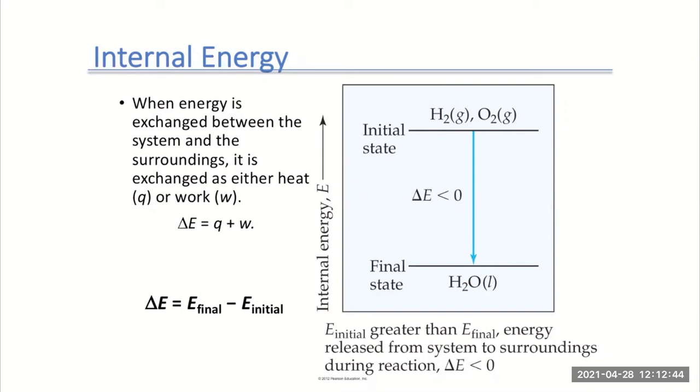So that means the energy of my system, the energy of these molecules, went from a higher energy state to a lower one. That same amount of energy had to be absorbed by the surroundings. So it got transferred from the system, the molecules, to the surroundings. And it typically gets transferred as heat. So when you think about explosions, that's just a transfer of energy, just a very rapid transfer of energy.